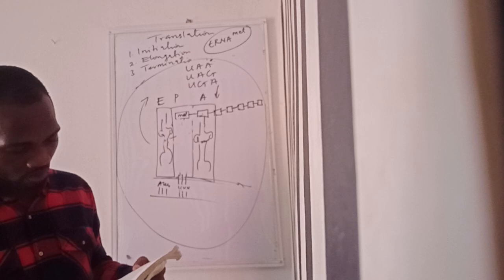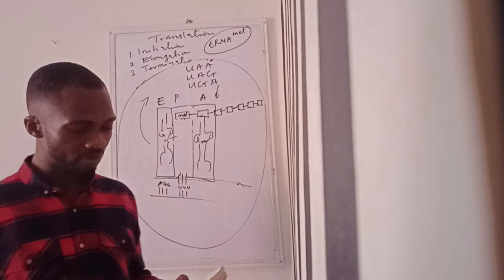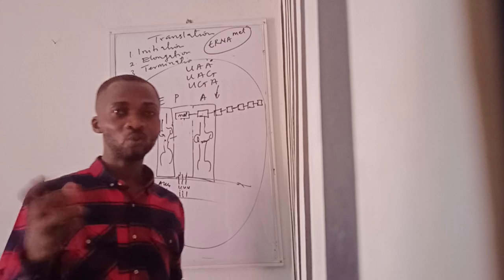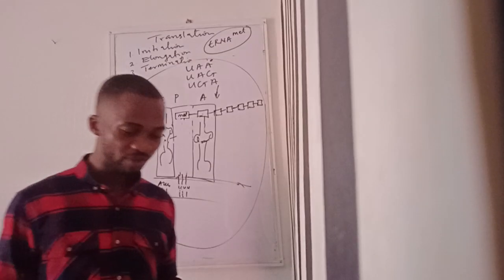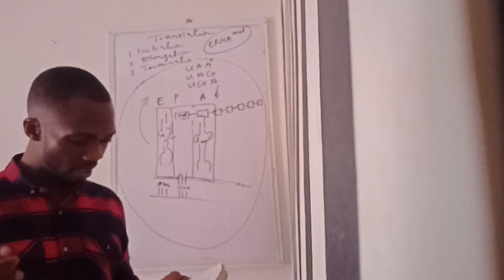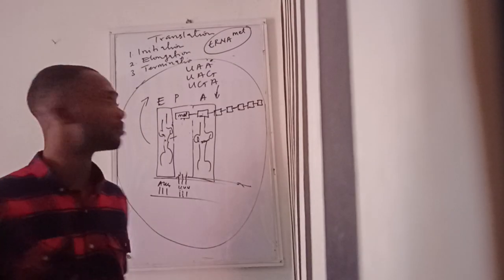Chloramphenicol, that is a drug, an antibiotic. You can see what some of these drugs do, like I explained. Let's look at them one after the other. Chloramphenicol helps to prevent peptide bond formation.